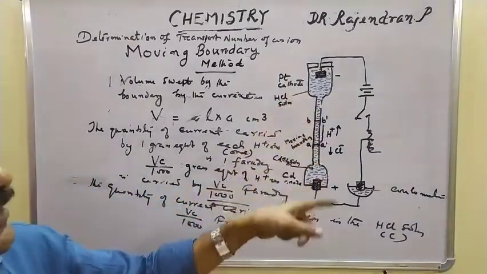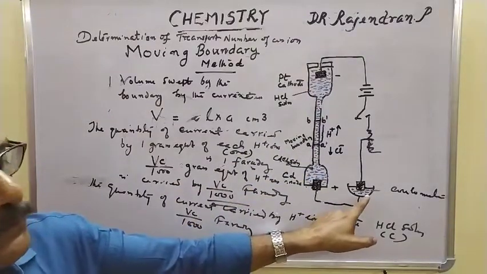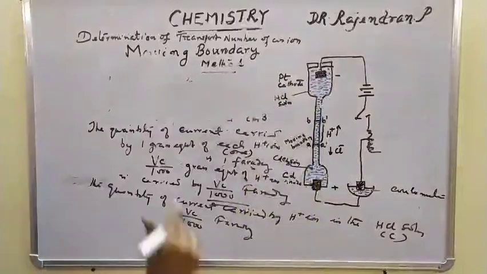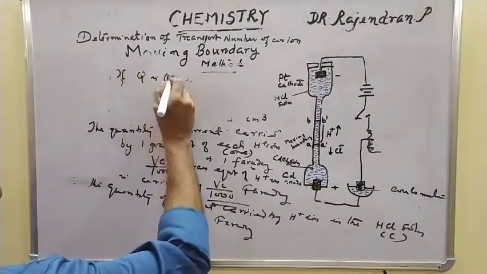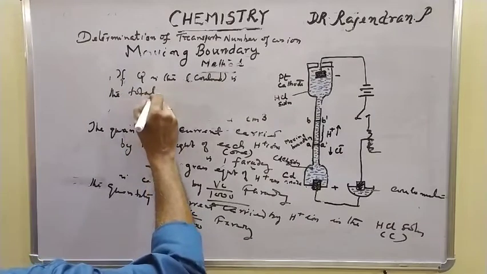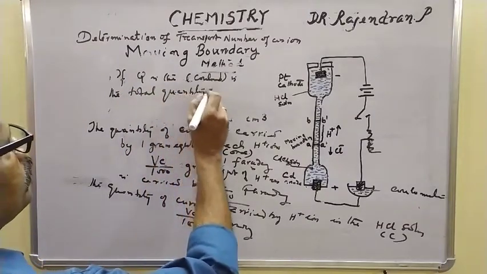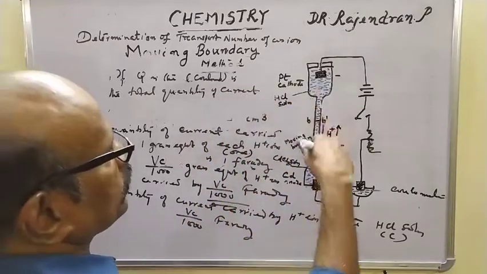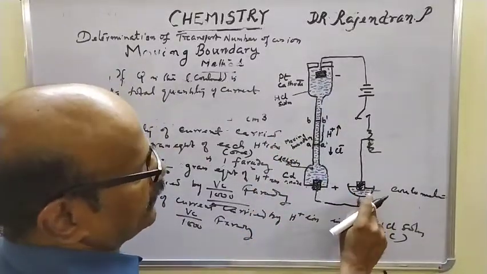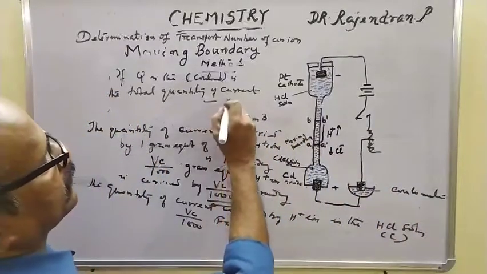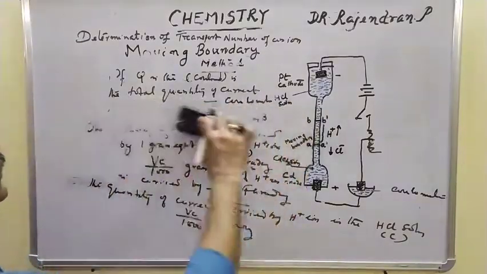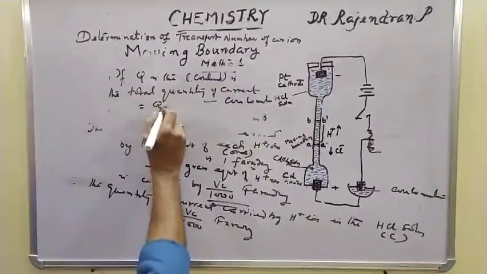The total quantity of electricity passed through the electrolyte can be measured from the coulometer as Q. If Q in coulombs is the total quantity of current passed through the solution for the migration of the H plus ion, measured directly from the coulometer, then the total quantity of current in Faraday is Q by F Faraday.